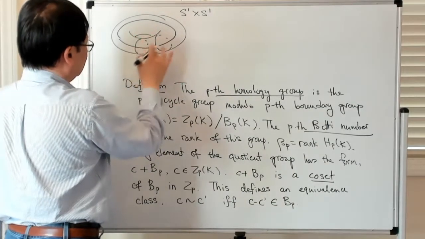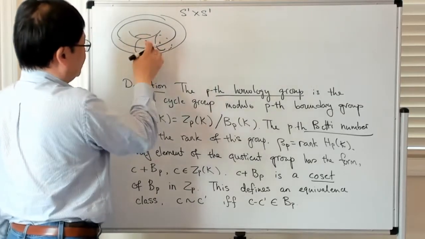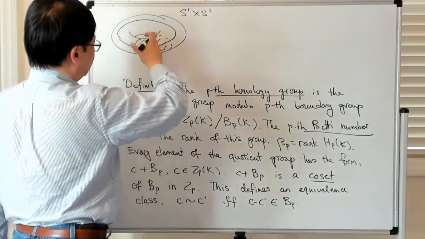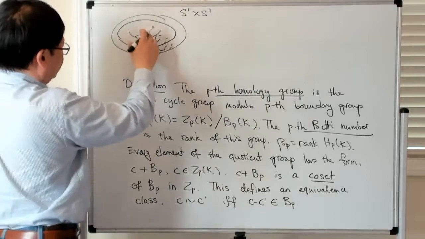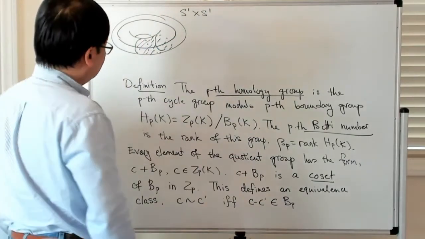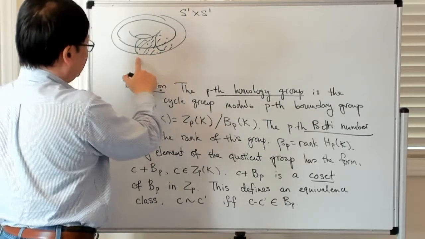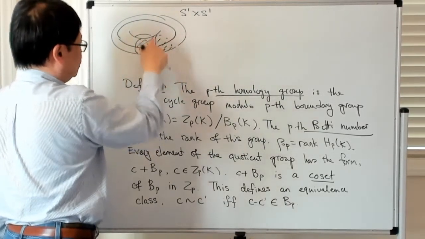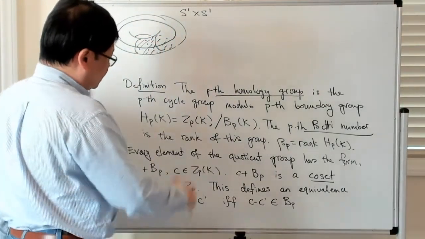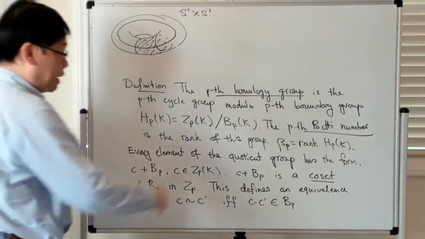If you look at these two curves, you can think of them as the boundary of something which is part of the surface of the torus. So you can shift from one to the other by something which is the boundary of something on that surface. I don't want to distinguish between these two loops because I can continuously deform from one to the other, and that's exactly why I've quotiented by boundaries.